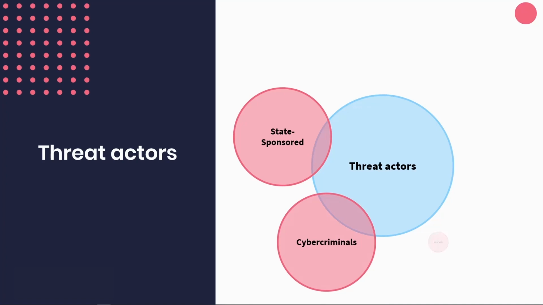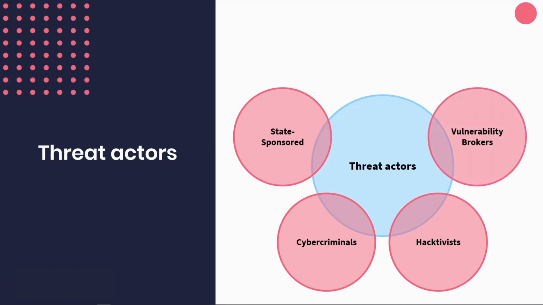Then you get your hacktivists, gray hats who rally and protest against political and social ideas. They post articles and videos to leak sensitive information. Then you have your vulnerability brokers, discovering exploits and reporting them to vendors, sometimes for prizes and rewards. And lastly, you get your script kiddies. These are inexperienced hackers running existing tools and exploiting to cause harm, but typically not for profit.